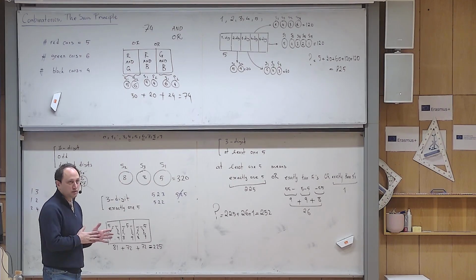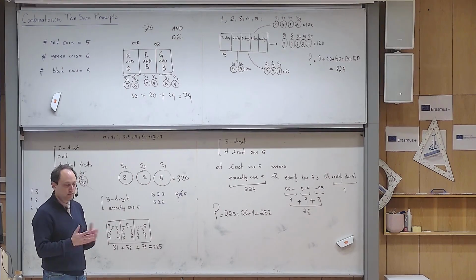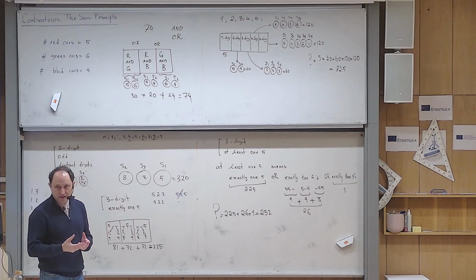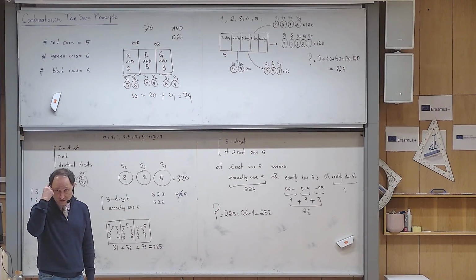That is the complement rule, or complement principle, and in informal language, it is that if I know the total number of items and I know the items that I don't like, what is left for me is the item that I like. Something like that, very informal.